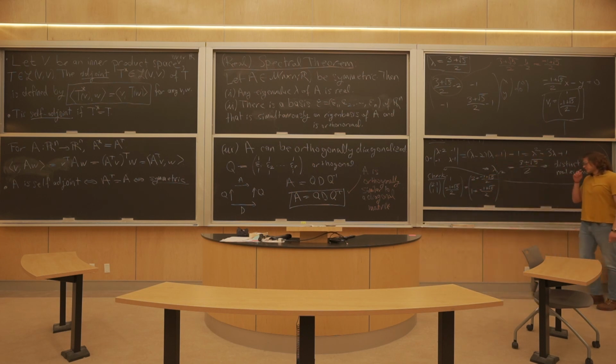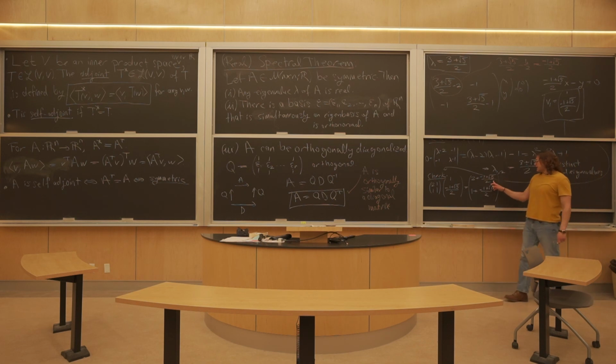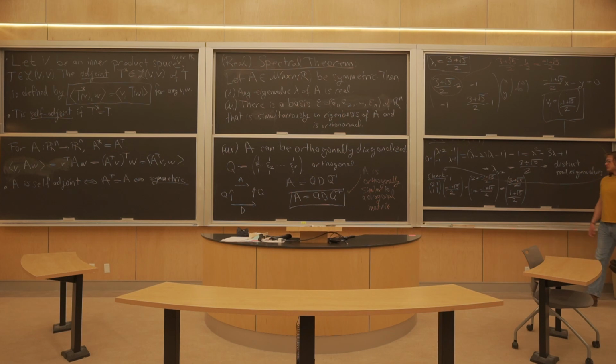Okay. So in the first entry, I have 4 plus this. So that gives you (3 plus root 5) divided by 2. And here it gives you (1 plus root 5) divided by 2. Okay. So now I want to factor out this number, right?